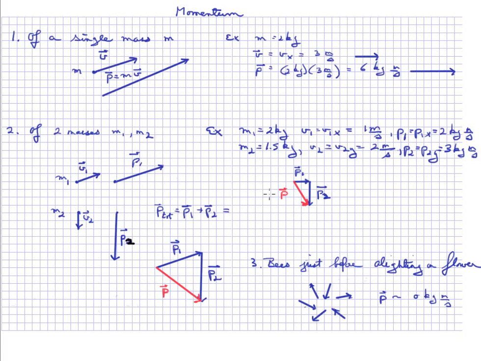And then if we added those two together, and I can see that there's a typo here, so let's fix it. I want P2 to be in the positive direction.